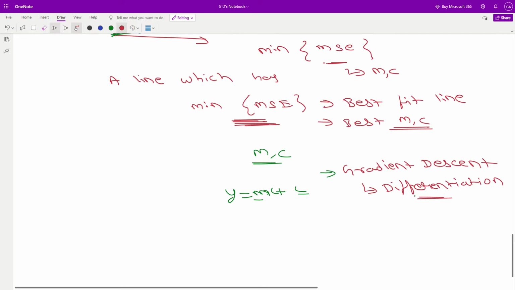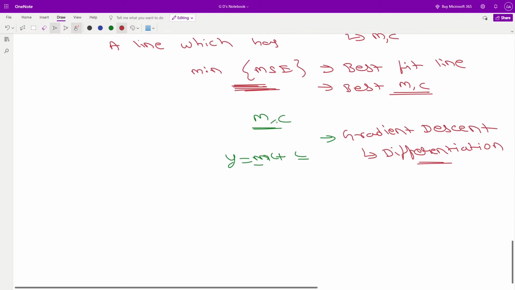So now let's understand how gradient descent works for linear regression in order to minimize this mean squared error. In the last video, we already understood how differentiation works. The main points we derived are that differentiation helps us do two things.